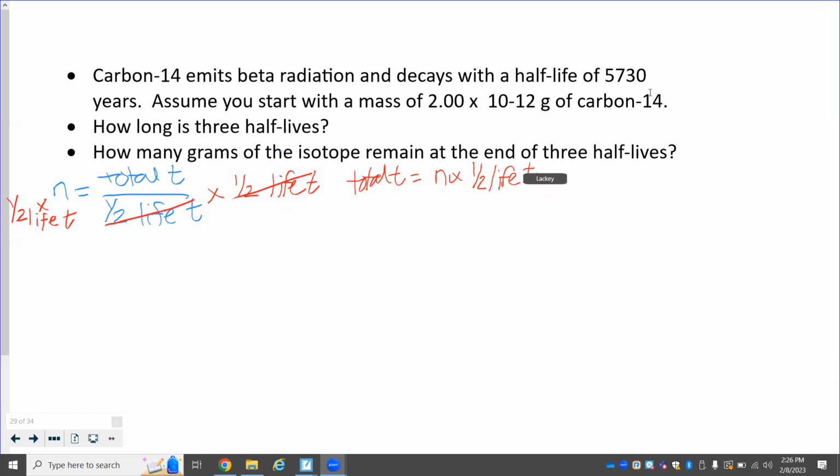And like I said, you may have been able to just figure that out in your head, that you need to do 5,730 multiplied by 3, since we're going through 3 half-lives.